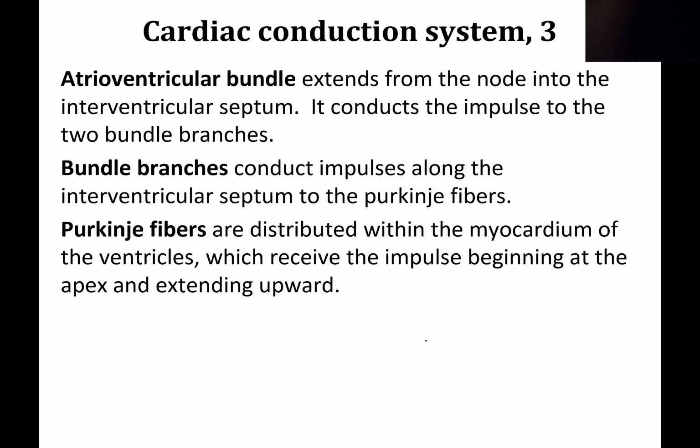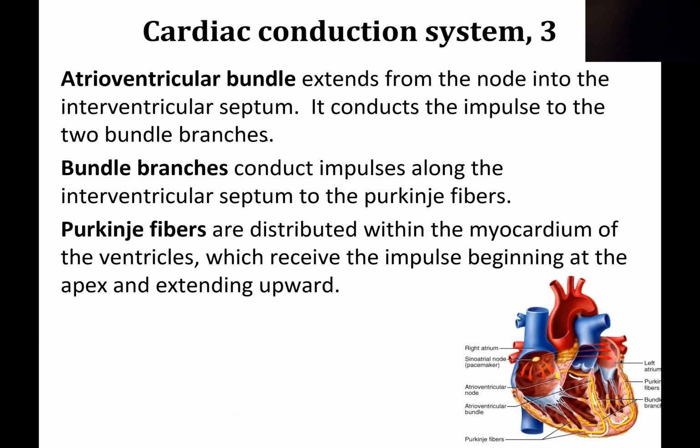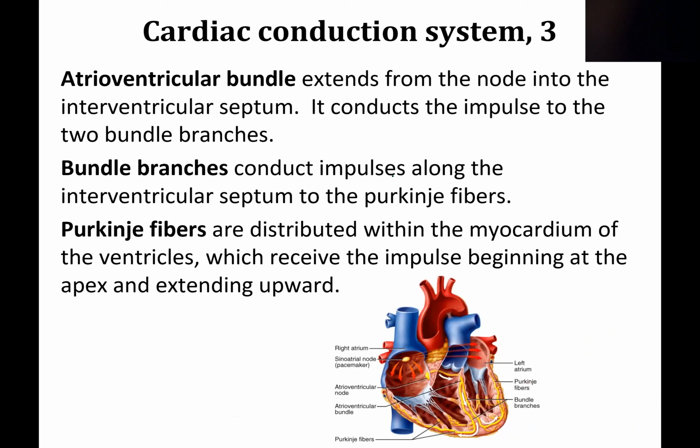The third component in the cardiac conduction system is the atrioventricular bundle. It's a narrow column of tissue that's going to carry, by excitability, the impulse from the atrioventricular node over to the interventricular septum. It passes the impulse off to the two bundle branches.